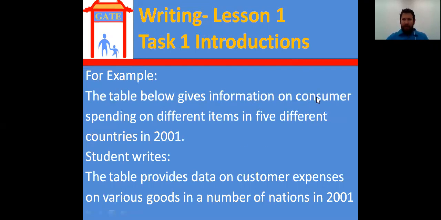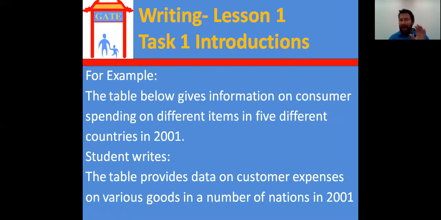Consumer, customer. Spending, expenses. Different, various. Items, goods. 5 different countries, a number of nations. Booyah, I've changed lots of words. Yay. And again, that's a good thing. I think knowing consumer and customer, spending and expenses, this is a good thing, to be changing some of those words. But again, you're basically copying the structure there.